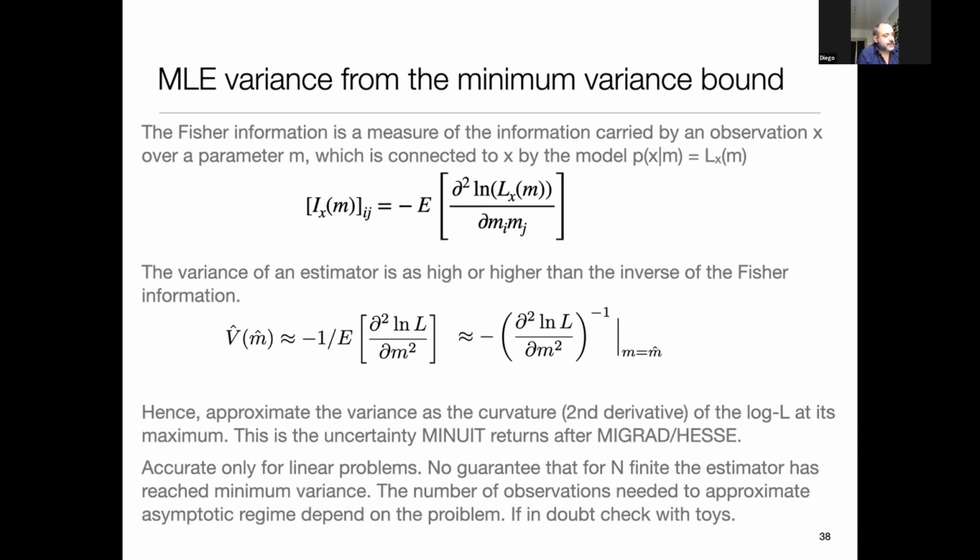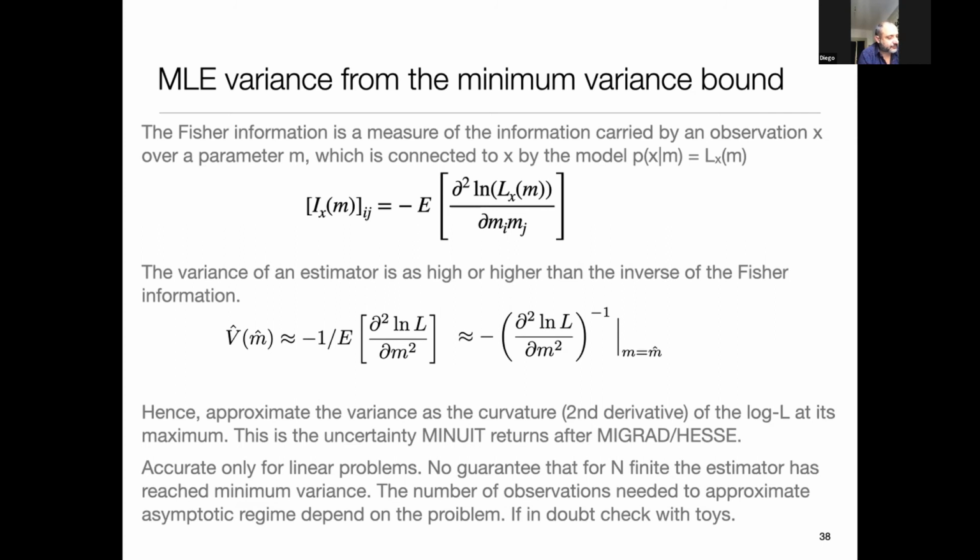This is a little bit technical, and I don't pretend to explain the mathematical details here. But in likelihood theory, there is a very important quantity called the Fisher information. The Fisher information is a measure of the information carried by an observable over a parameter m connected with a model P of x over m.